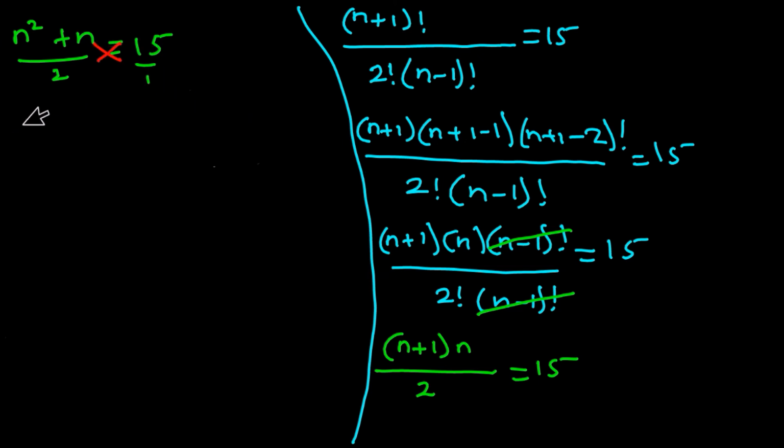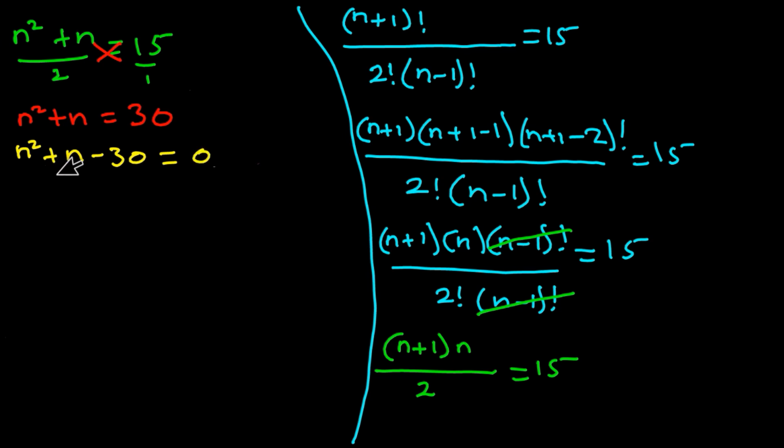So we have n squared plus n is equal to 2 times 15 is 30. Right, so I'll bring everything to the left and then equate to 0. So we have n squared plus n minus 30 is equal to 0.